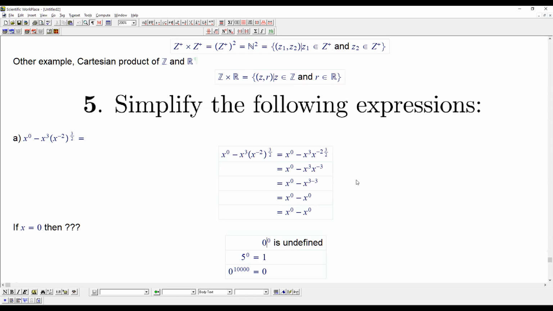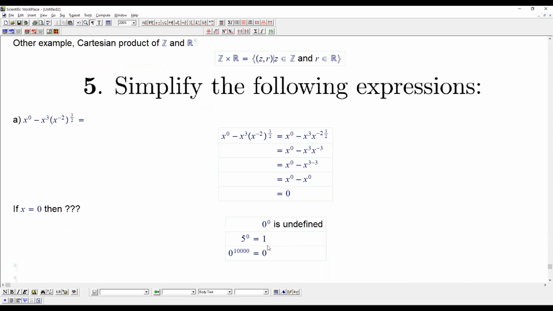It's undefined. It's a bit like saying 0 divided by 0. So if you can do it without saying anything about what x to the 0 may be, it's better. Just say, I know for a fact that these two are going to cancel out, so I'm going to get 0. But I'm not going to blame you if you write this. It's a very technical point, but just keep it in mind.